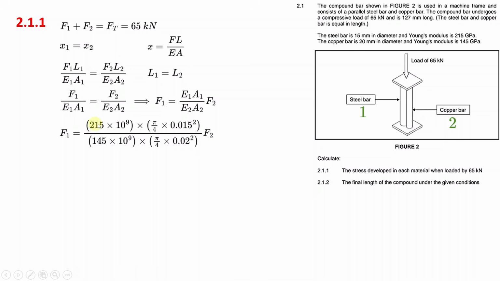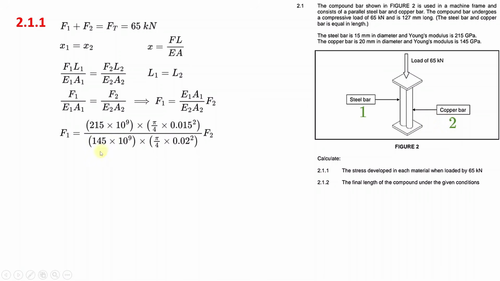E1 is the Young's modulus of steel, multiplied by the cross-section area of the steel. We know the diameter of the steel, 15 millimeters. In meters it is 0.015. So you square that, you multiply by pi over 4 to get the cross-section area of the steel, divided by the Young's modulus of the copper, E2.